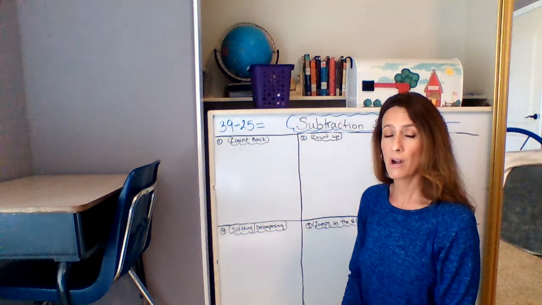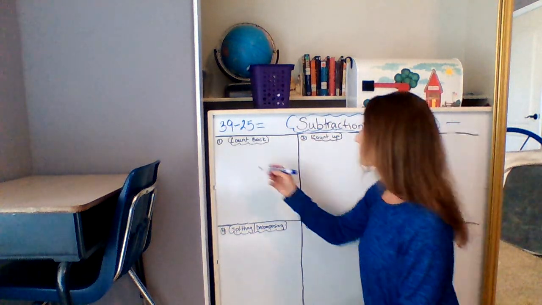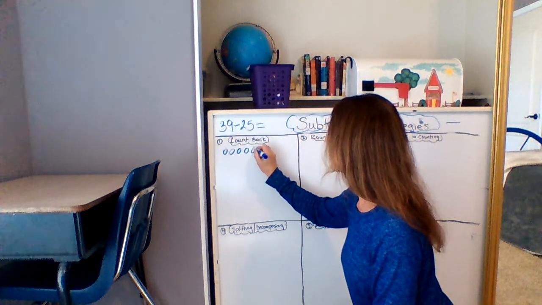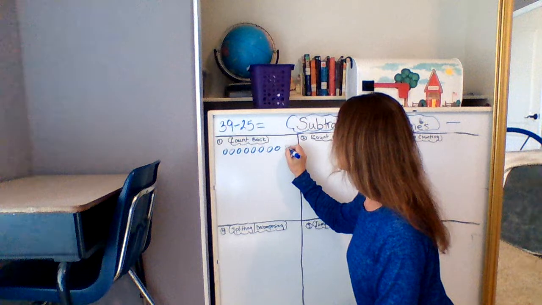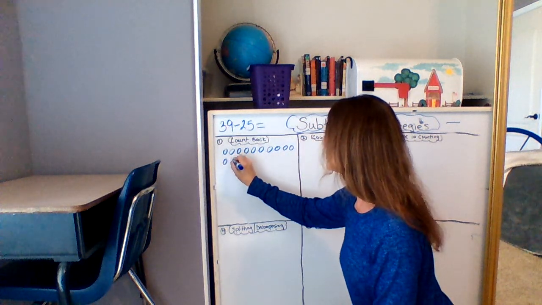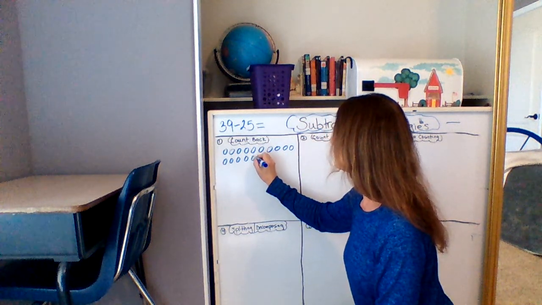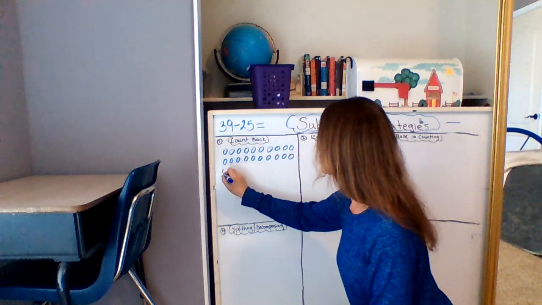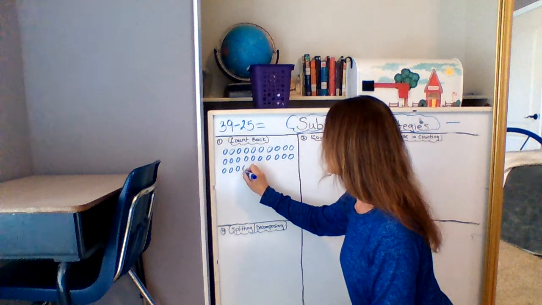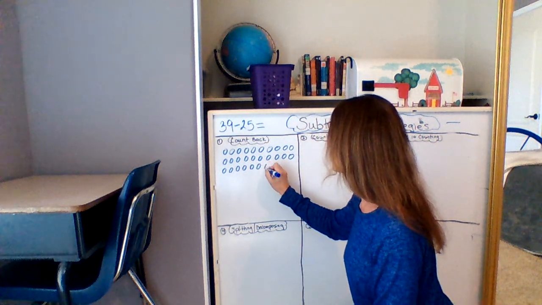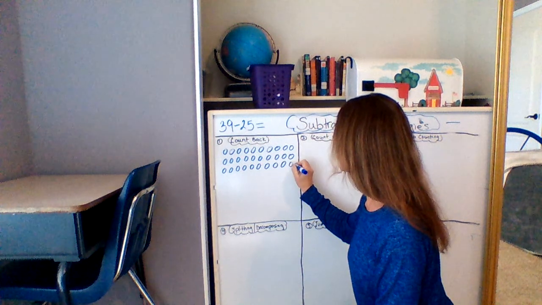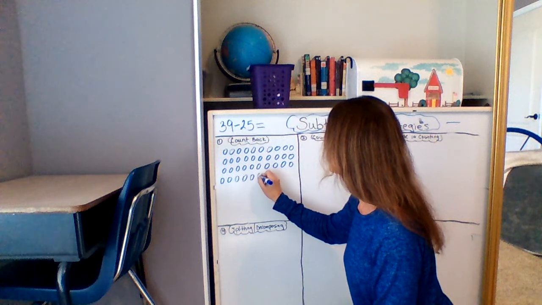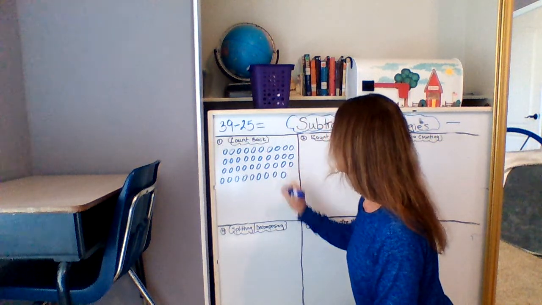Okay, so I'm going to go ahead and draw out 39 objects. 1, 2, 3, 4, 5, 6, 7, 8, 9, 10, 11, 12, 13, 14, 15, 16, 17, 18, 19, 20, 21, 22, 23, 24, 25, 26, 27, 28, 29, 30, 31, 32, 33, 34, 35, 36, 37, 38, 39.